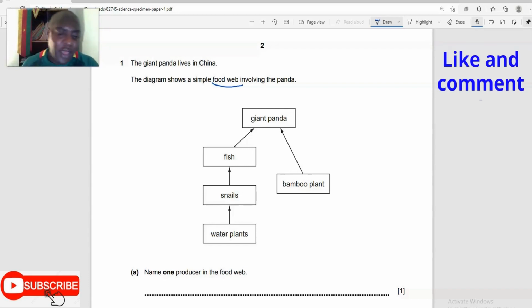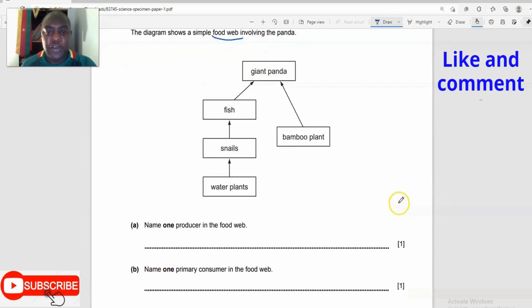Now the first question says, name one producer in the food web. We know that a food web always starts with a producer at the bottom. So the first trophic level at the bottom is always the producer.